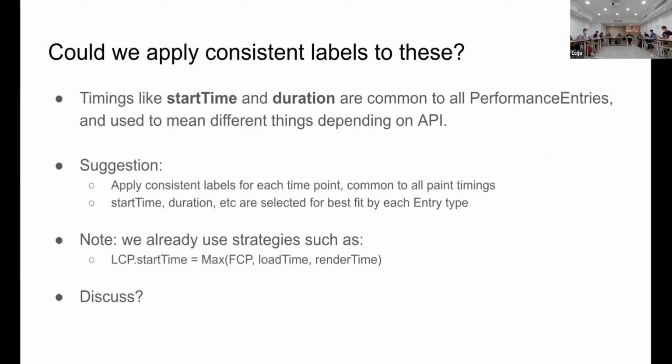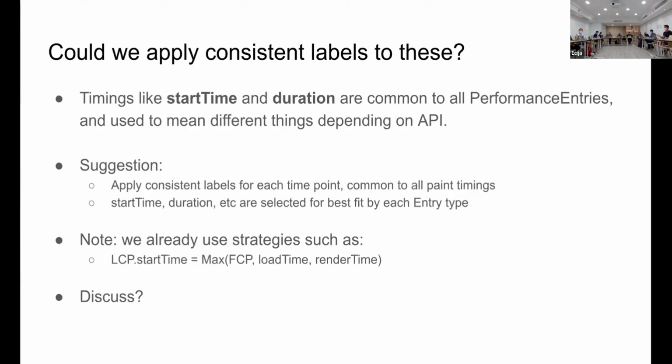So I guess the question is, could we apply consistent labels to these? Start time and duration comes from the common performance entries base class. They mean different things to different APIs depending on context, but maybe we can add consistent labels for each of these that are common to all the paint timings. We already do some of this. For example, for LCP, the start time value is really the maximum of whatever is exposed to FCP, whatever is exposed under element timing load time, or if you have it, render time.